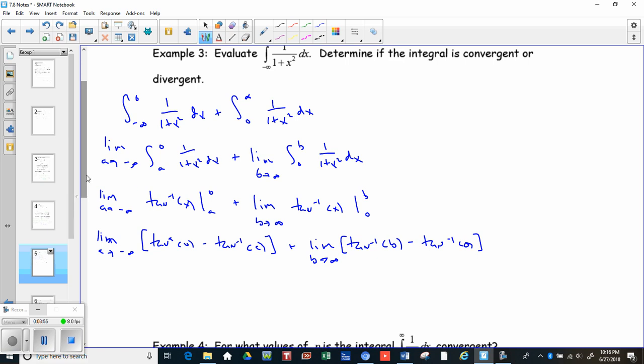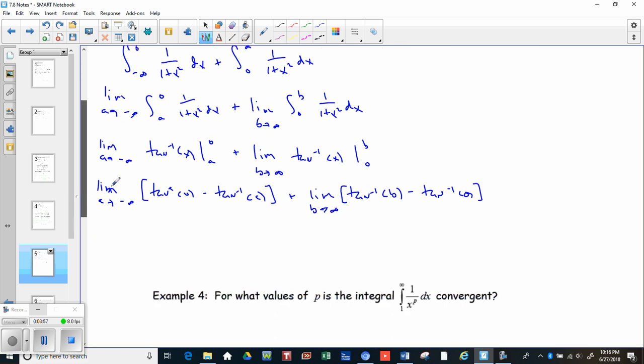Now we've got some evaluation to go on, so we can simplify. Inverse tangent of 0. Remember, if I'm going to take the inverse tangent, it's really asking tangent of what gives us 0. Well, the tangent of 0 as an angle gives us 0, so this happens to be 0.